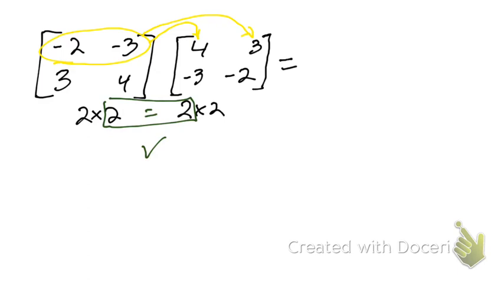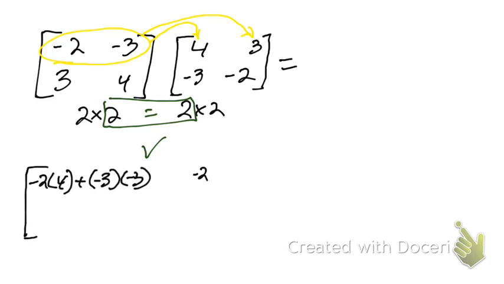All right, on the top, we're going to have negative 2 times 4, plus negative 3 times that negative 3. I don't know if I can fit all that in there, so let's just drop this down to the row below. Then we're going to have negative 2 times 3, plus negative 3 times a negative 2.